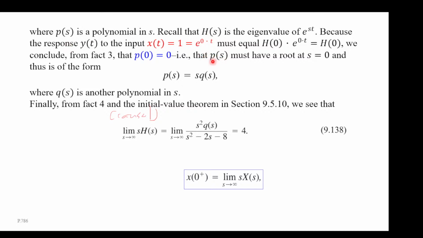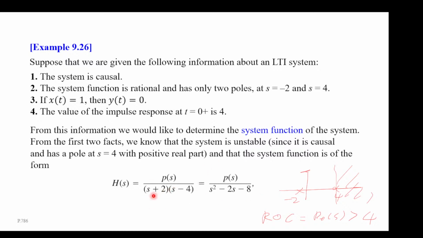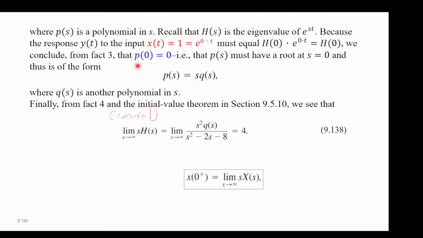That means the y of t corresponding to s equal to 0 should be H of 0 times your x of t, since x of t is e to the st with s equal to 0. So your y of t is just H of 0, and you see that H of 0 equals 0. Plugging s equal to 0 in here, you see that P of 0 equals 0.